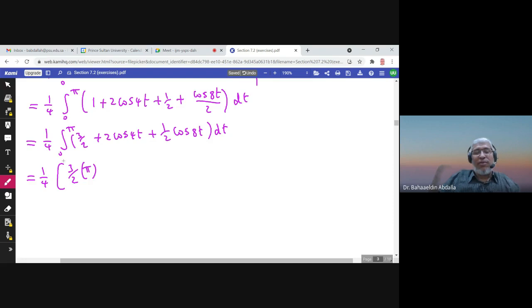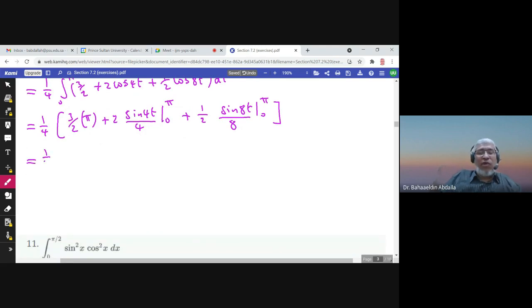So it's pi plus 2. Integral of cosine is sine 4t over 4 from 0 to pi plus half. Integral of cosine 8t is sine 8t over 8 from 0 to pi.